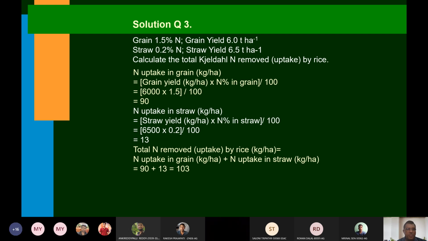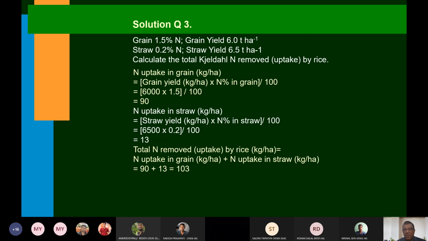So 90 kilogram of nitrogen is removed in grain. Now nitrogen uptake in straw. So straw yield kg per hectare into nitrogen percentage in straw divided by 100. So 6,500 into 0.2 divided by 100. So you get about 13 kilogram of nitrogen removed by straw.